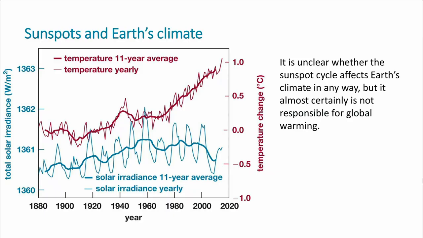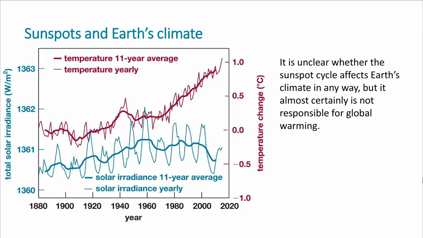There is a solar cycle, so you might be getting a little more energy on the Earth from the sun at some times than at other times, and that's plotted in the blue line at the bottom. But you can see there's not very much correlation between that blue line and the red line, which is the average temperature on the Earth.